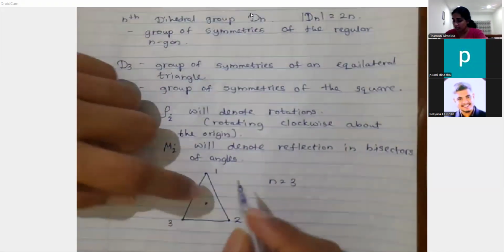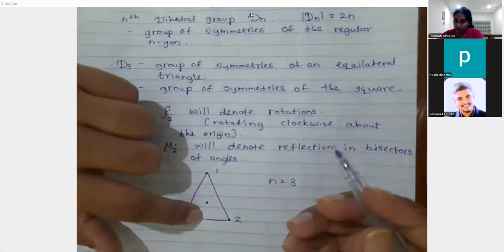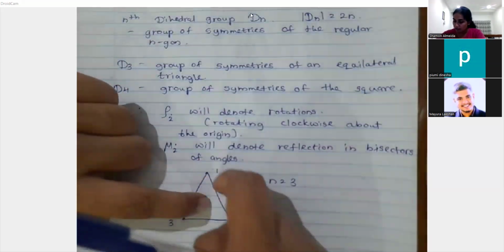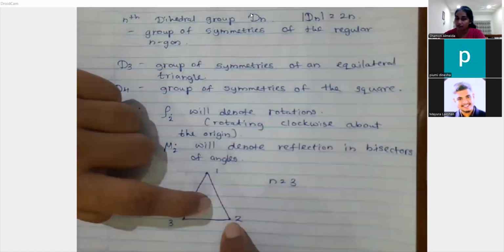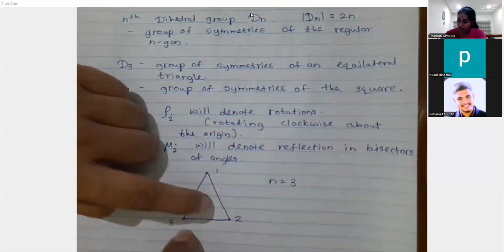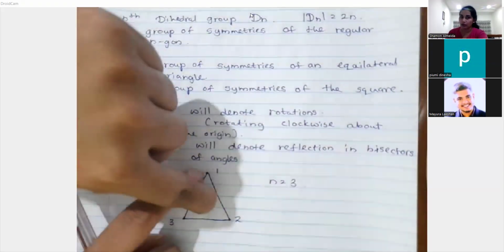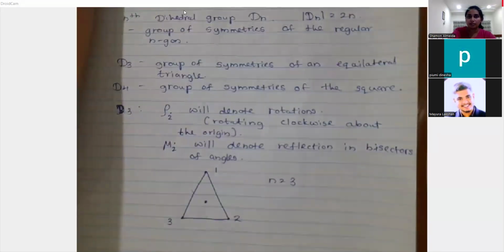You can rotate it until you get one to here, in which case you will have the triangle fully covered, or until you get one to this point, once again fully covered, or this point, once again fully covered.